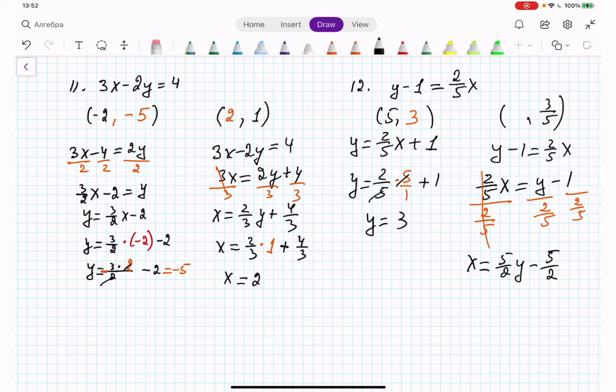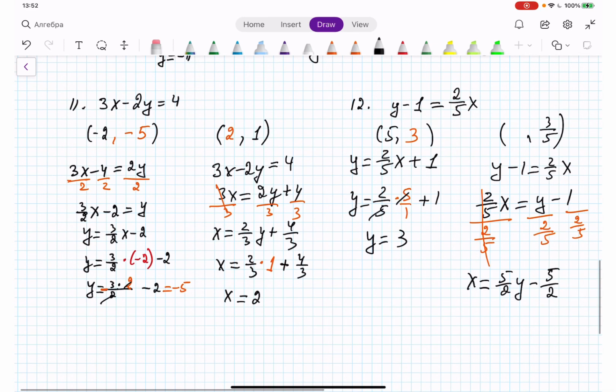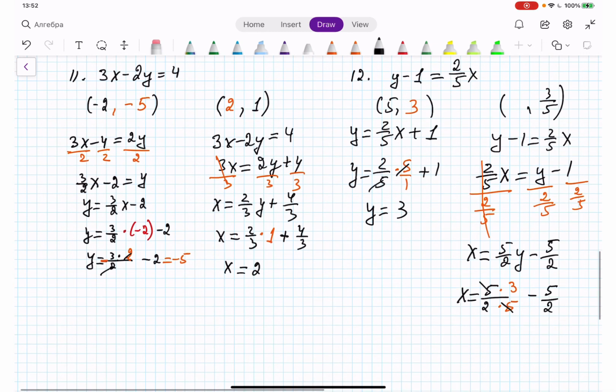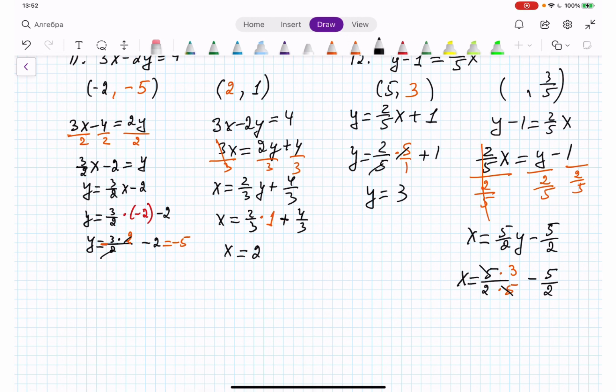So from here, we need to plug in the value of our y, 3/5. 5 over 2 times 3/5 and minus 5 over 2. 5 and 5 is gone, and we have 3 over 2 minus 5 over 2.